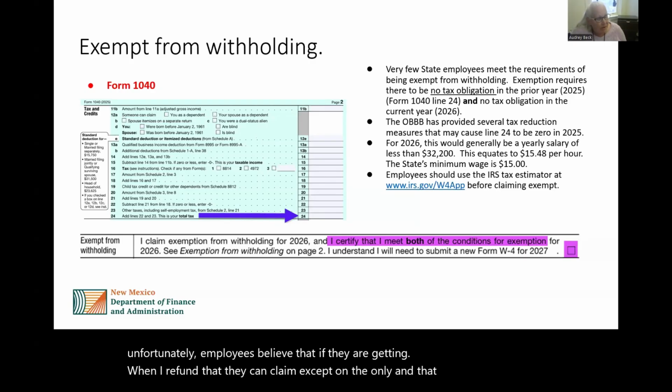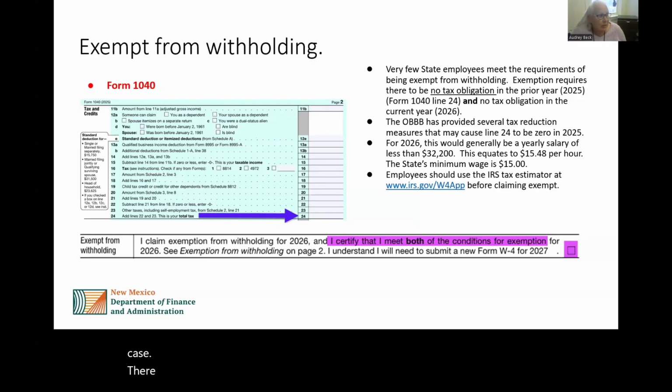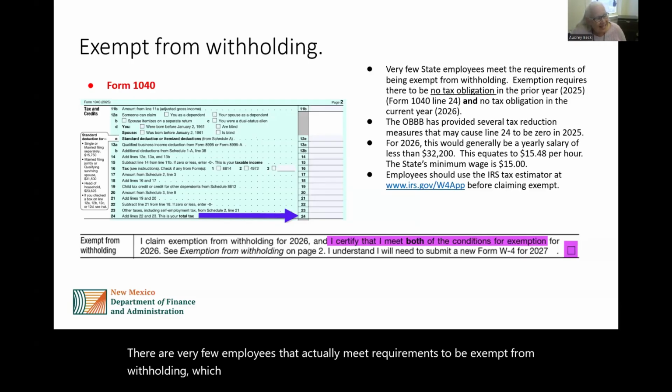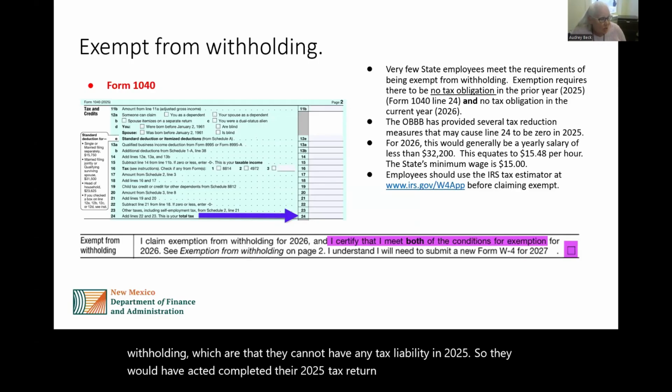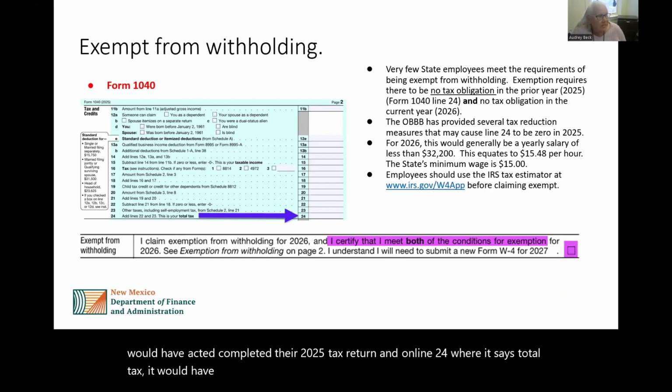There are very few employees that actually meet the requirements to be exempt from withholding, which are that they cannot have any tax liability in 2025. So they would have had to have completed their 2025 tax return, and on line 24, where it says total tax, it would have to be a 0. If there is even $1 on line 24, they cannot file exempt.